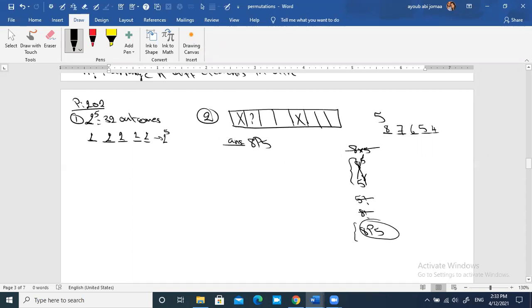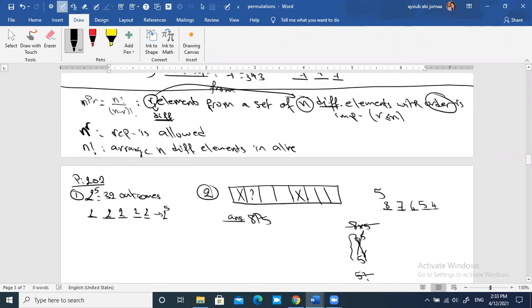The P is permutation. The value of nPr is n factorial over n minus r factorial.